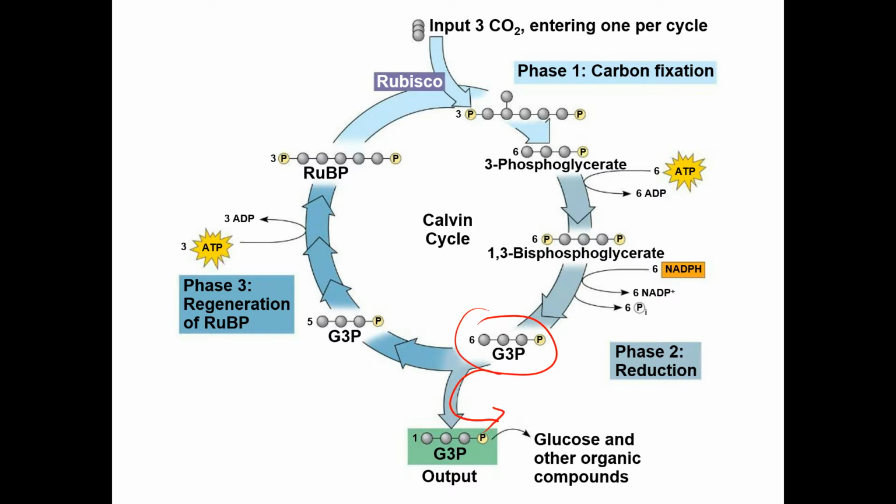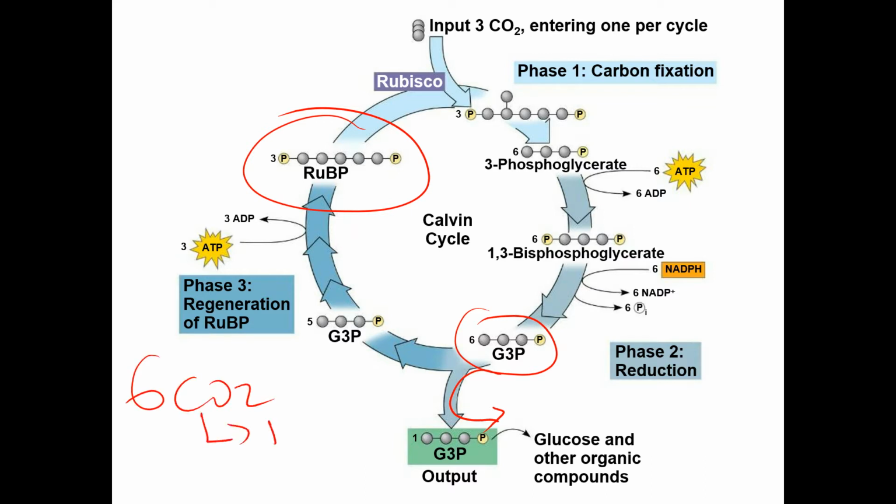The other 5 are used to regenerate RuBP. So in this case, it would take 6 CO2 molecules to make 1 molecule of glucose.